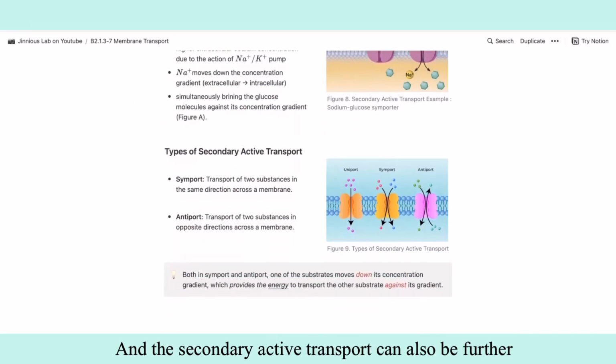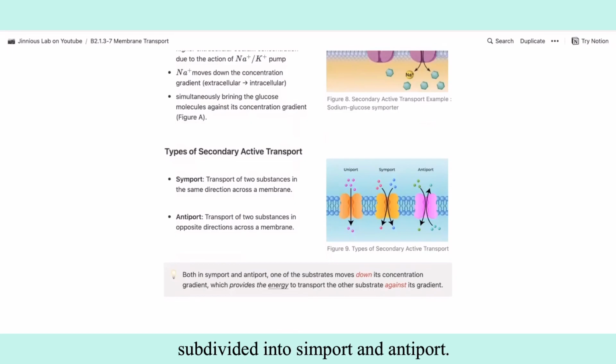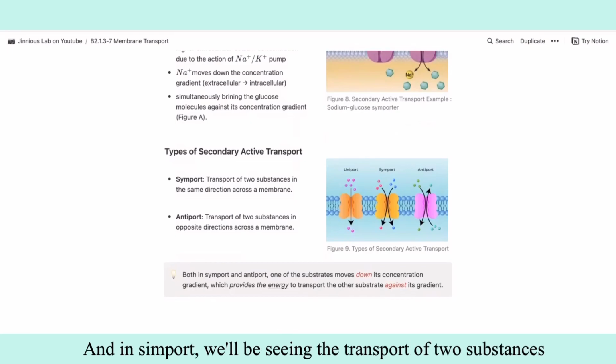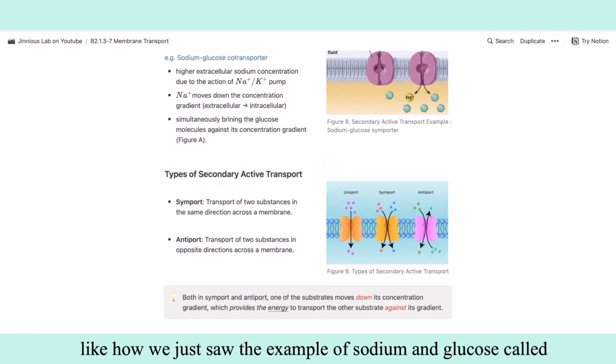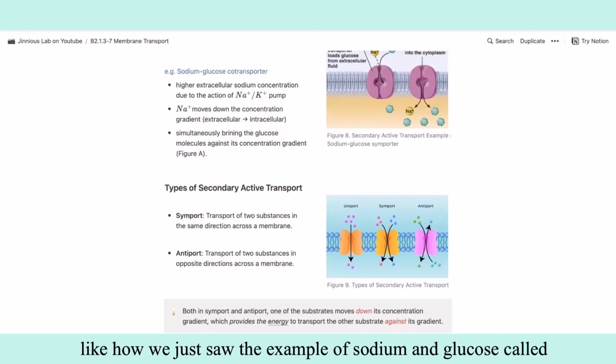And the secondary active transport can also be further subdivided into symport and antiport. And in symport, we'll be seeing the transport of two substances in the same direction across the membrane, like how we just saw the example of sodium and glucose co-transporter.